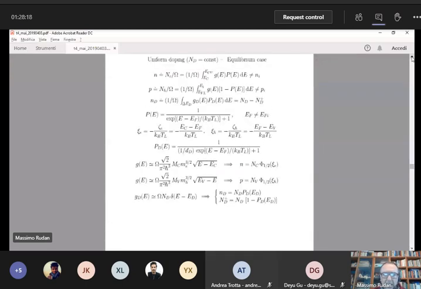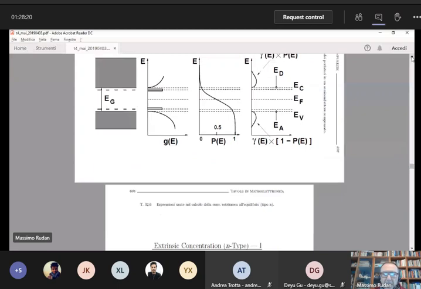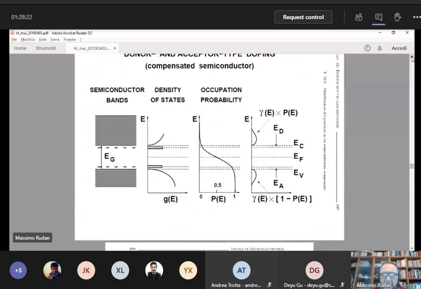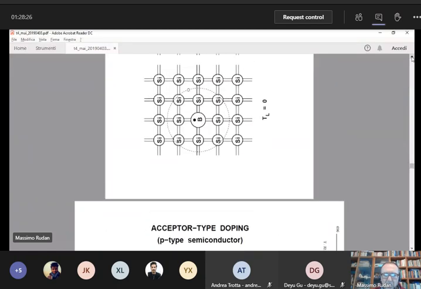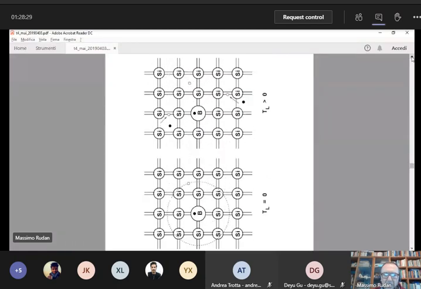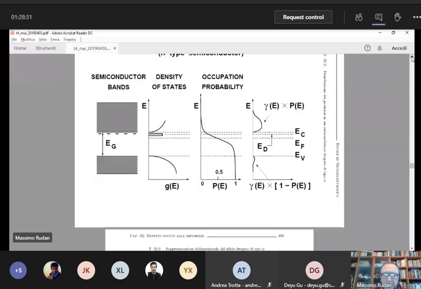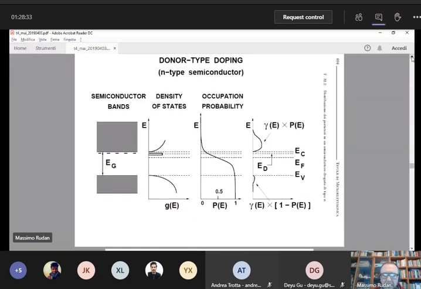Okay, one should make the calculation. So one should simply recalculate the position of the Fermi level after changing the temperature or after changing the concentration of the dopants.